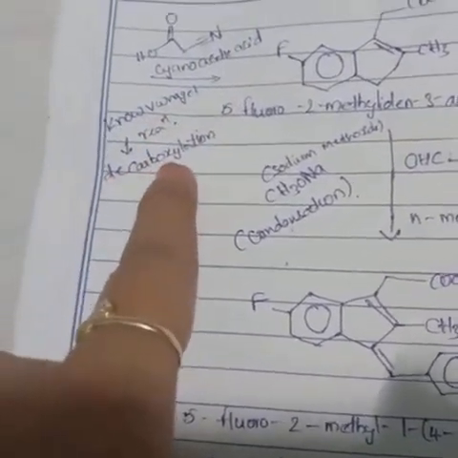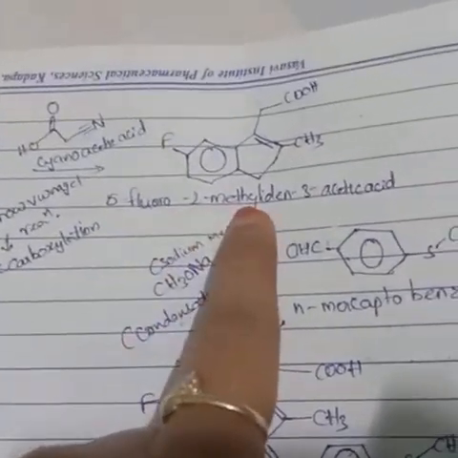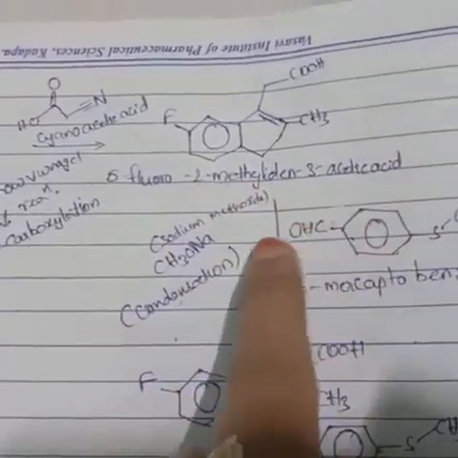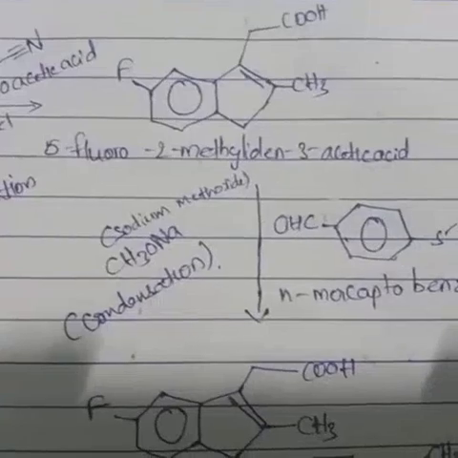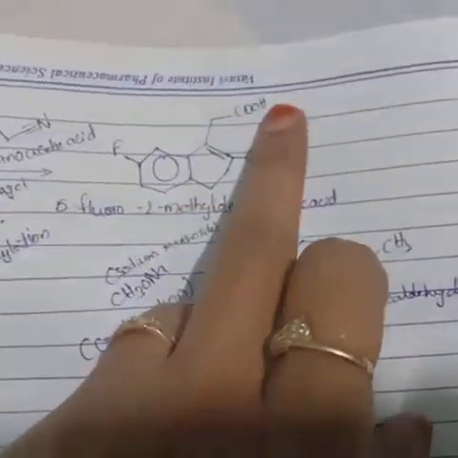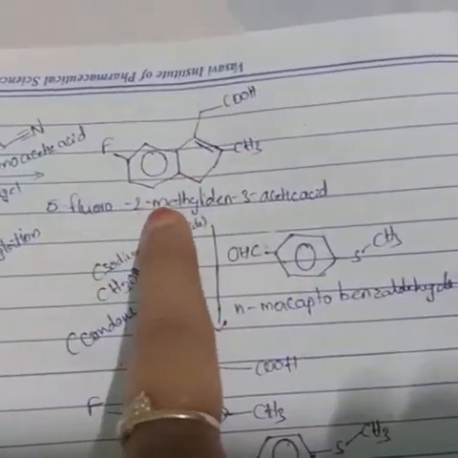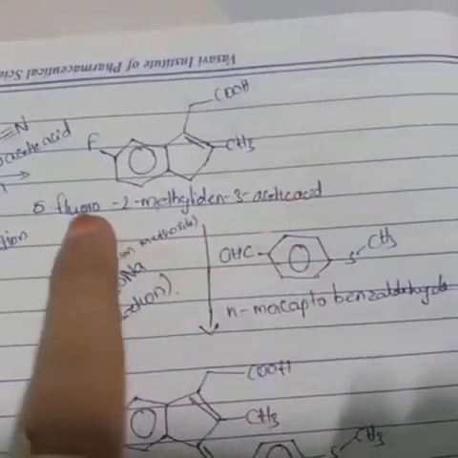Here decarboxylation occurs. So 5-fluoro-2-methylindene-3-acetic acid is formed. The intermediate is formed, just cyclization has happened, and the attachment came here.